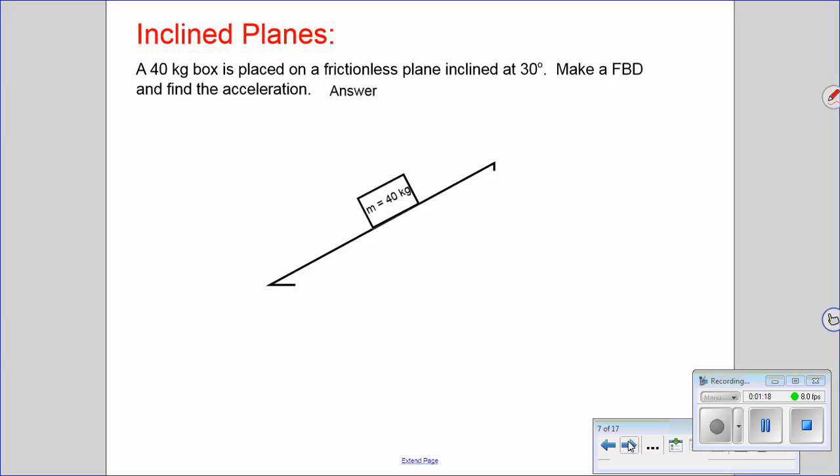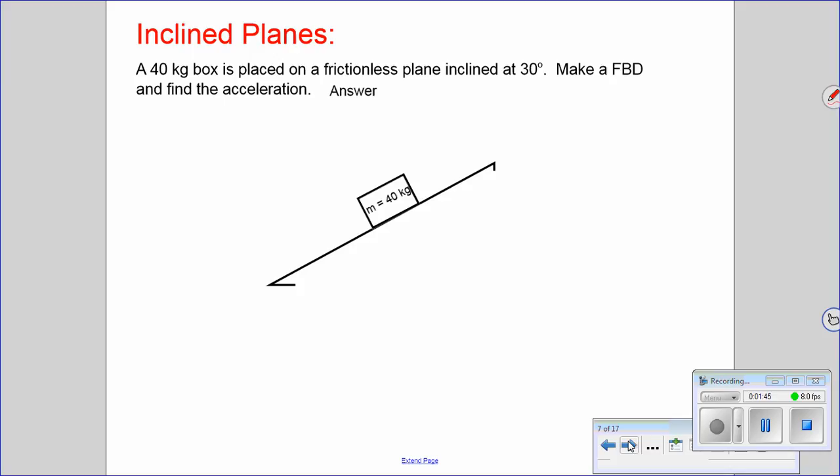So far, all of the problems that we've solved, even if we've had to split it up into components, we've had a y component that went up and down, and an x component that went left or right. When you have an inclined plane, it doesn't make sense to use those axes, because the object isn't going to move along either the x or the y axis. It's going to move parallel to the ramp.